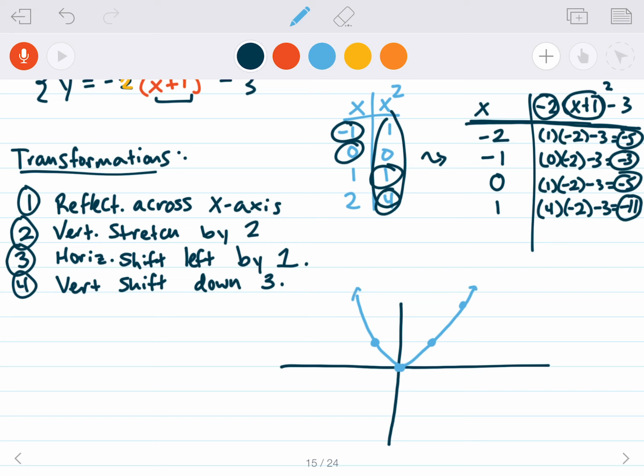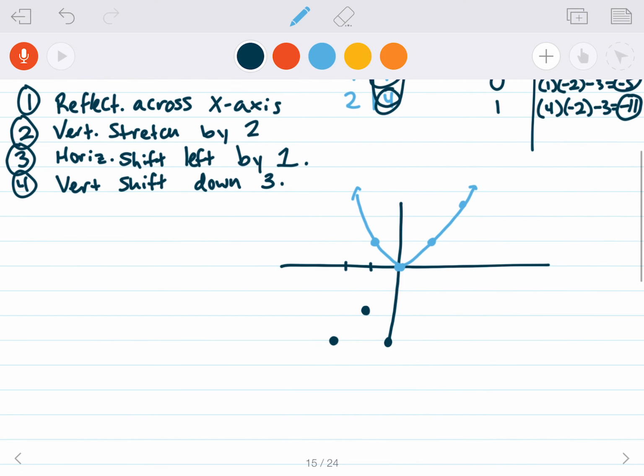And then for my transform function, I have (-2, -5), (-1, -3), (0, -5), and (1, -11). So something like this, roughly something like this.